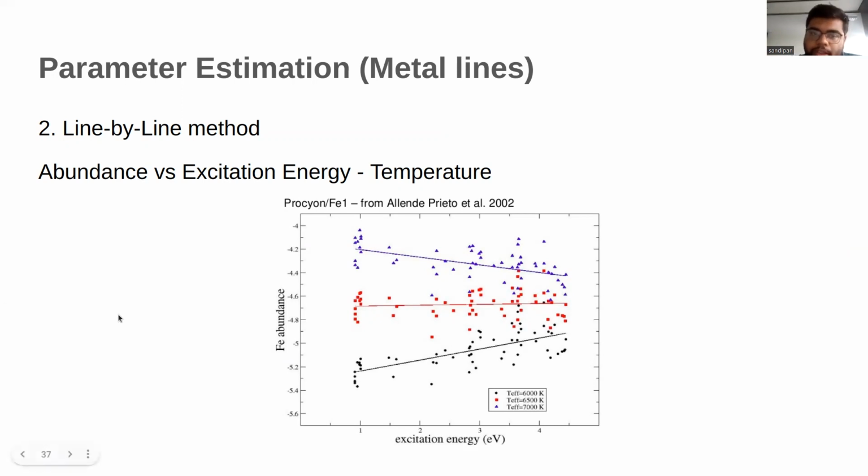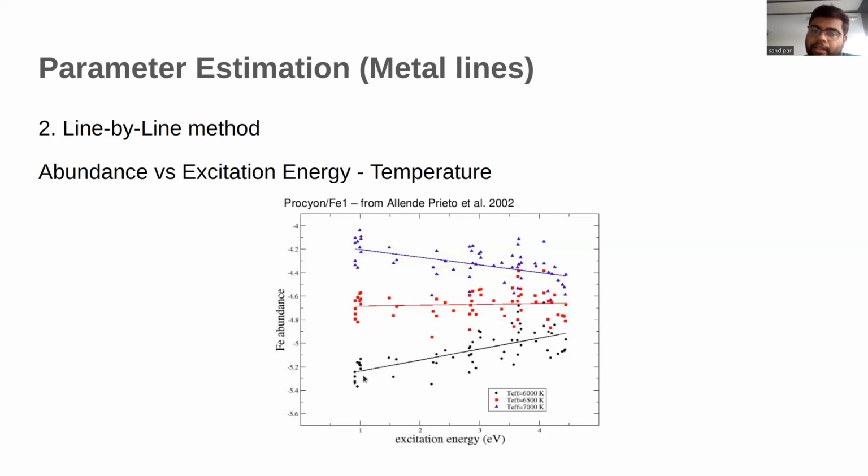Each of the data points that you see here represents one of the absorption lines of iron. So by fitting each iron line and determining the abundance based on the initial parameters that you have, you will get a certain plot.